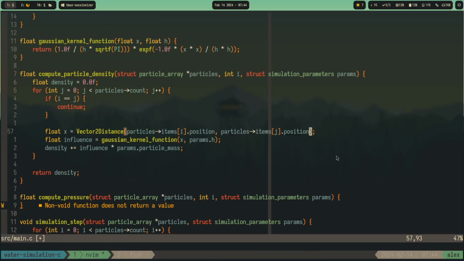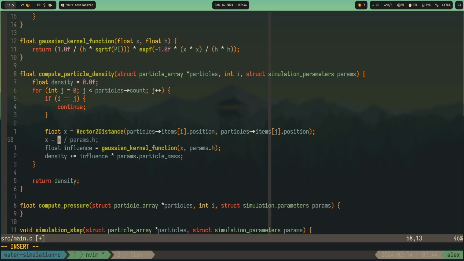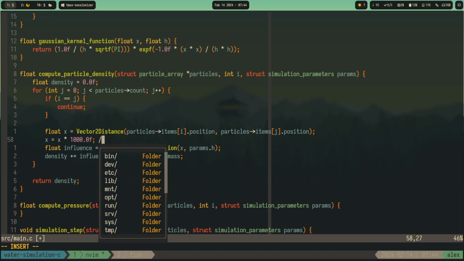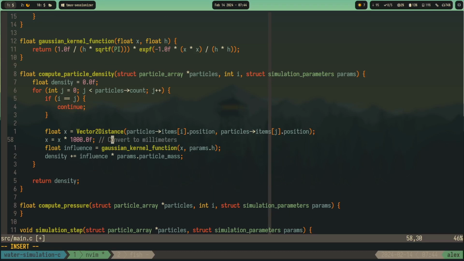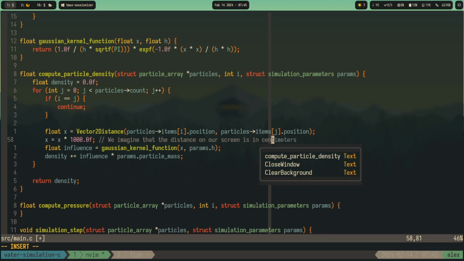So let's do something like x equals x times 1000.0f, convert to... we imagine that the distance on our screen is in centimeters, right?